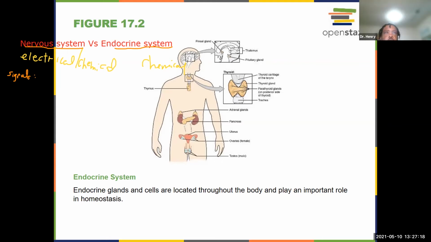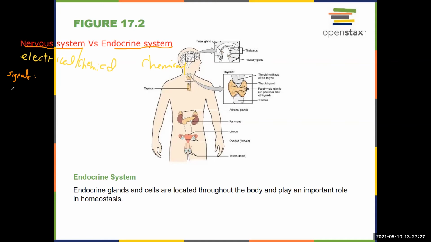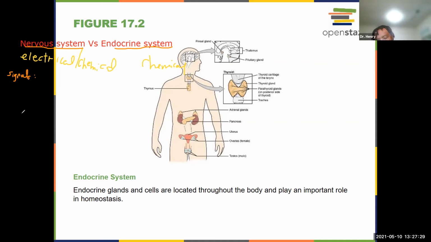But what causes that electrical response? Of course, when I touch something, I get a response. But what's causing that response to happen? What's sending that signal?